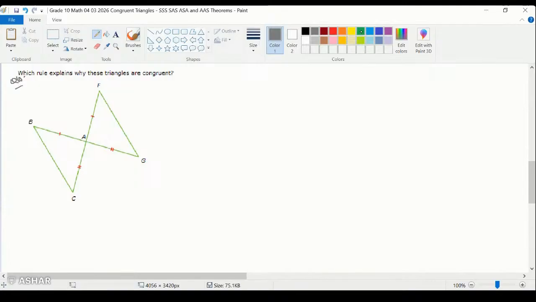So we can say the length of AF is equals to the length of AB. For the second information, we can say the length of AC is equals to the length of AG. Agreed?